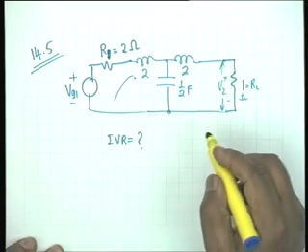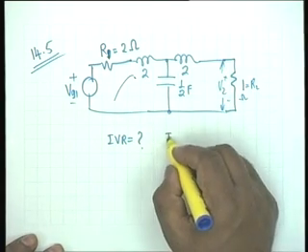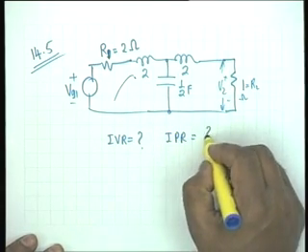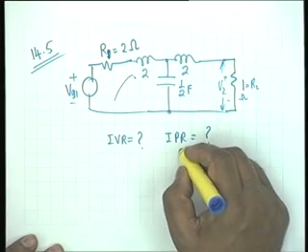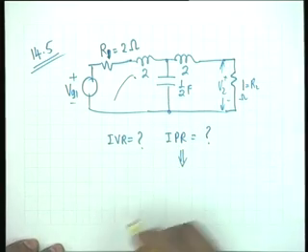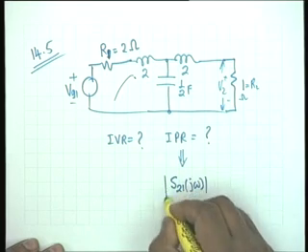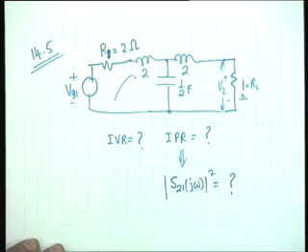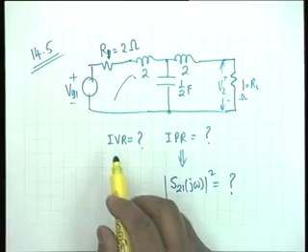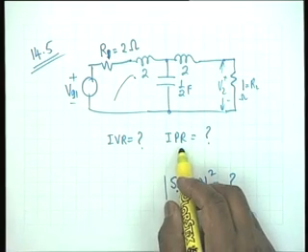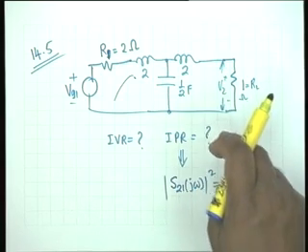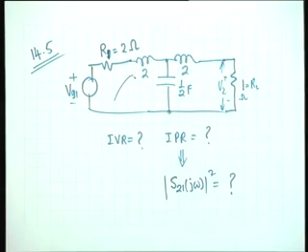Problem is to calculate IVR and IPR, and from IPR find out S21 j omega magnitude squared. Okay, this is the question. First, to find out the insertion voltage ratio, second insertion power ratio, and after you have found out insertion power ratio, find S21 j omega squared.